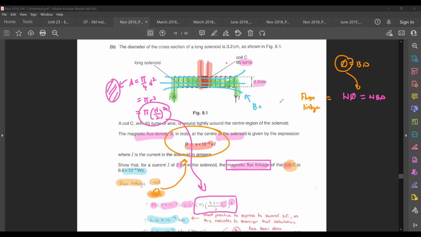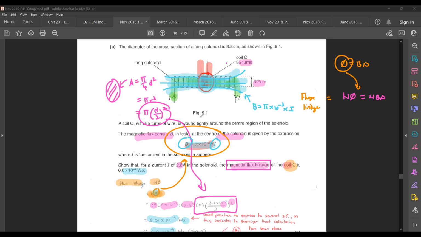So this B that you have here was pi times 10 power minus 3 times I. Because your coil C is wrapped directly around your solenoid, whatever magnetic flux density that you have produced by your solenoid will also be the same magnetic flux density in coil C. That's why just now I told you that your B for your coil C, you use this, but your current is the current in the solenoid itself.